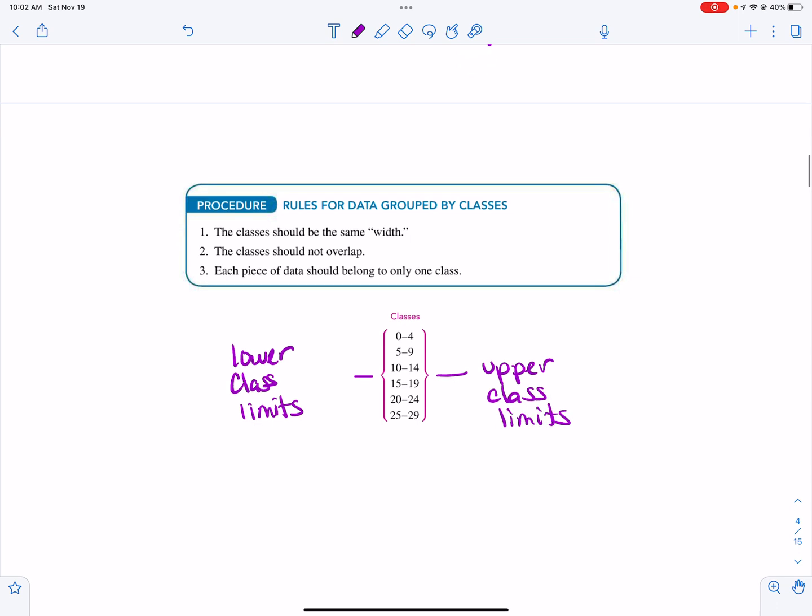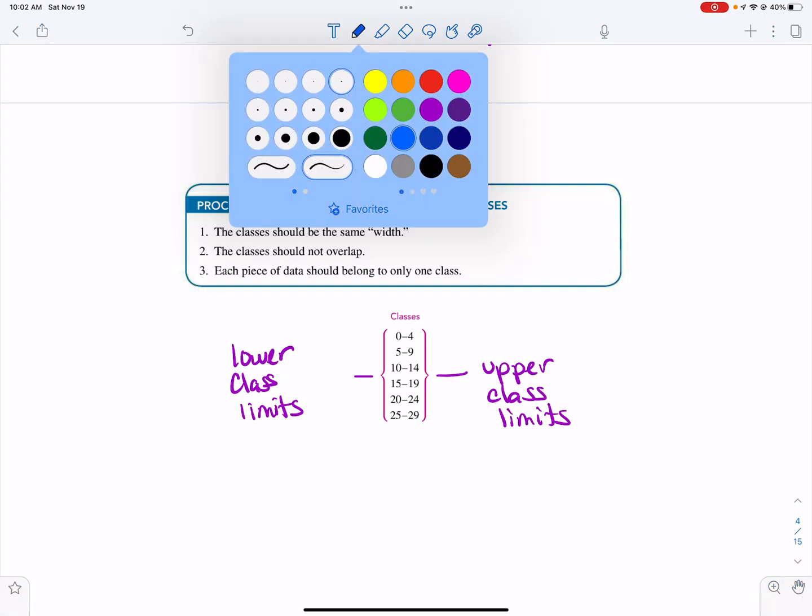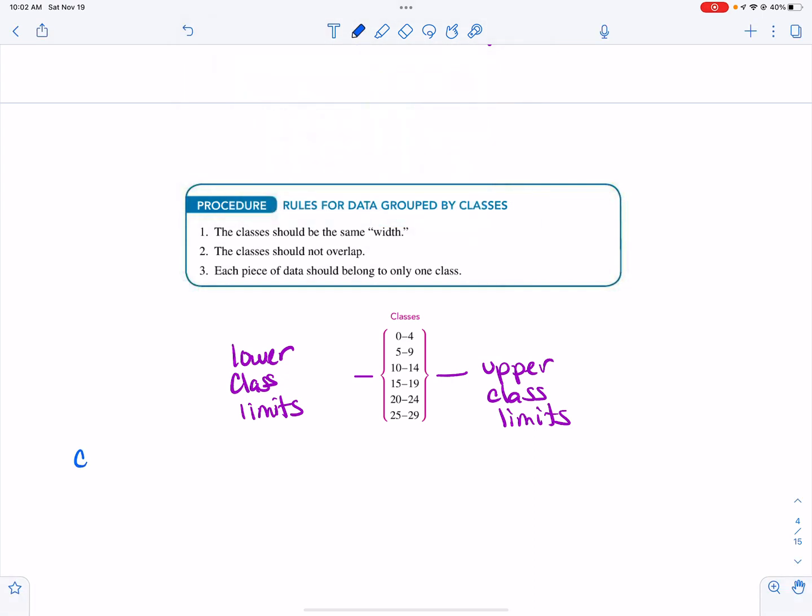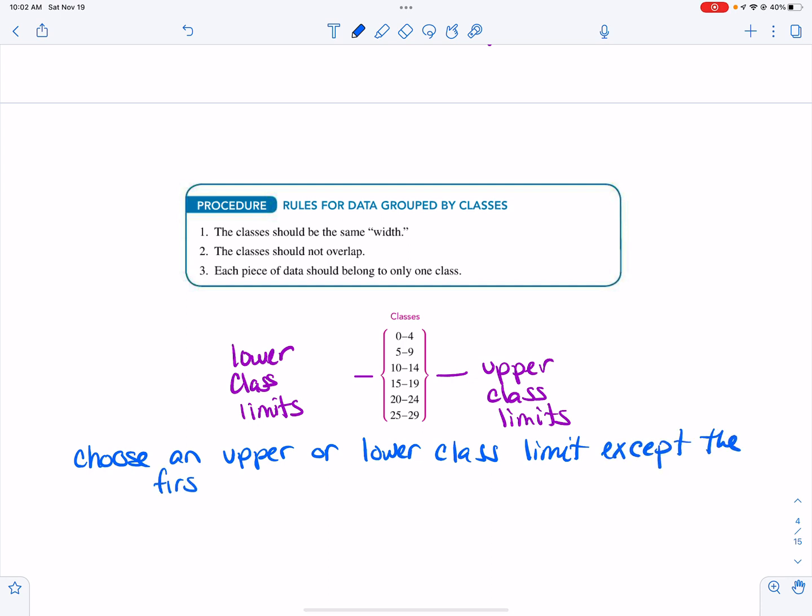Usually it's best to choose either a lower or an upper, it doesn't matter. Choose a lower or an upper class limit and then subtract the one above that limit that you chose, okay? So what I'm going to write is choose an upper or lower class limit except the first row.